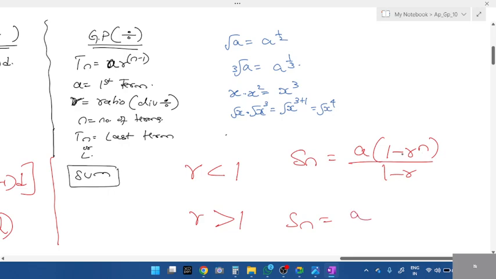The R^n value will change. Look at R^n. R^n minus 1 divided by R minus 1. These are the two formulas, students. And when R is equals to 1, we don't apply. I mean, ratio shouldn't be 1, students. Ratio can't be 1. It can either be greater than 1 or less than 1.